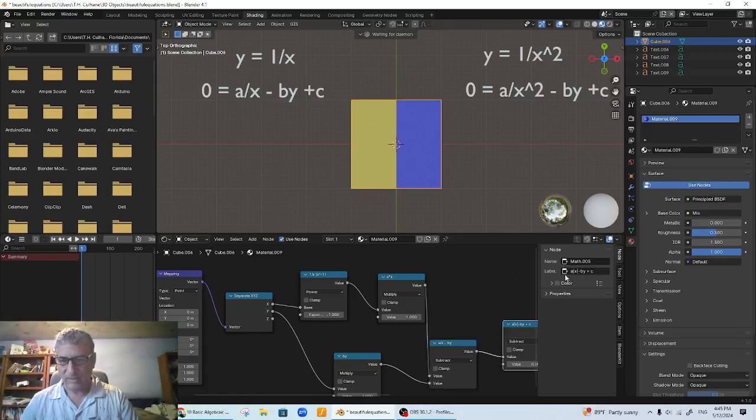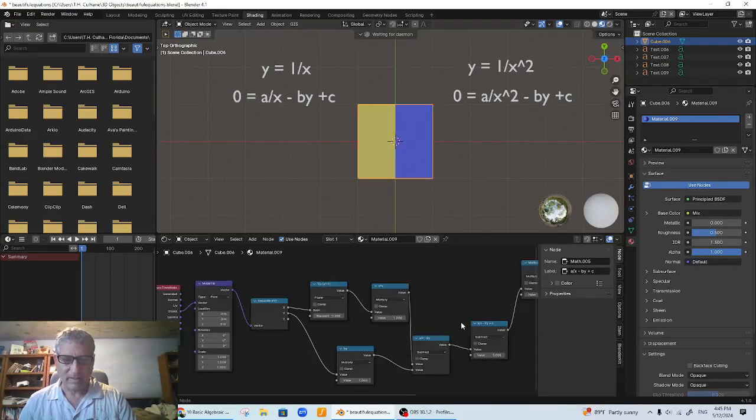And then we have a over x minus by plus c. So what is the problem here? Why am I not getting anything interesting? Ah, we do get something interesting if we change c.